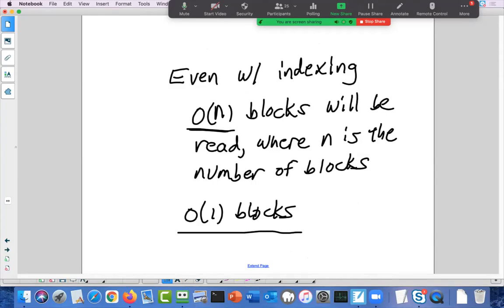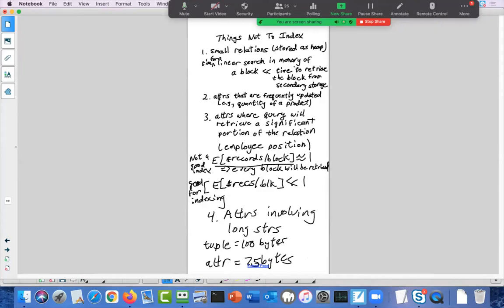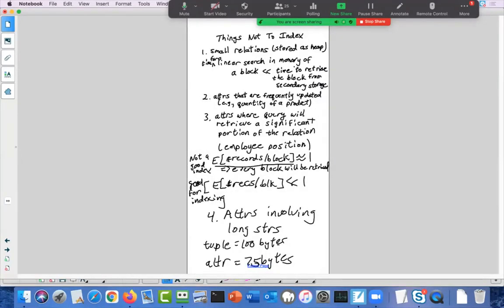If I come back to what we choose to index and what we choose not to index, this analysis almost exclusively applies to secondary indices.